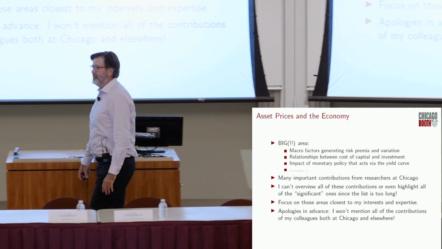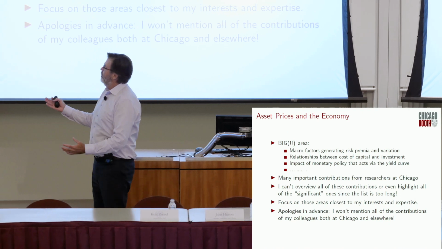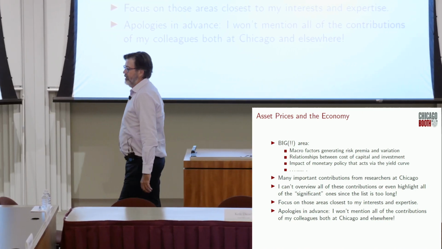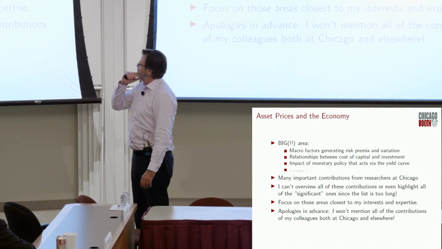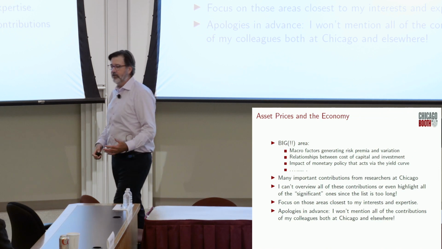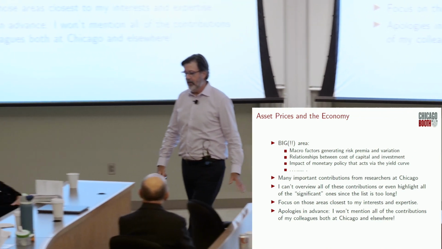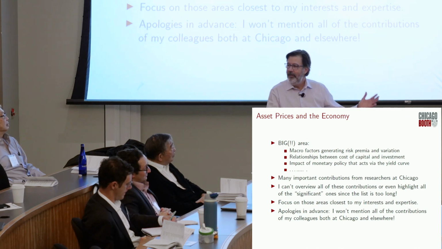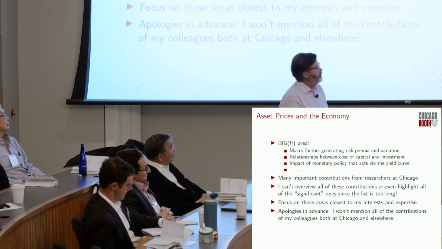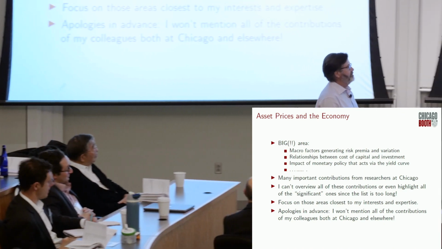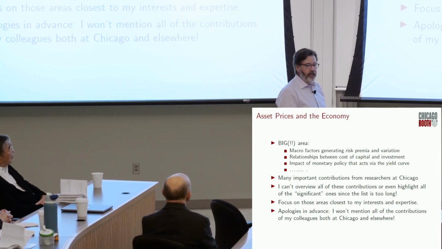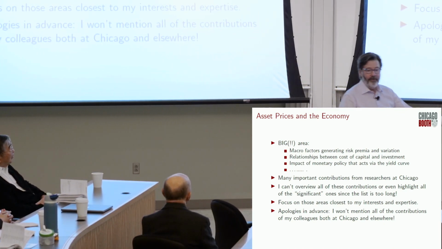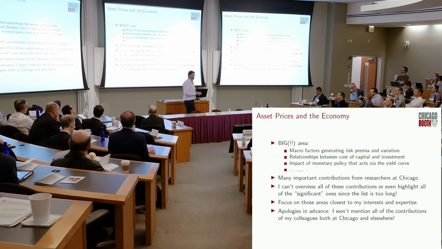So, asset prices in the economy. When Anil asked me to talk, he said I should focus a little on my largest contributions, but I'm going to do it a little more broadly here. This is obviously a huge area, with macro factors generating risk premia, cost of capital and investment. How do we think about the impact of monetary policy and financial institutions?